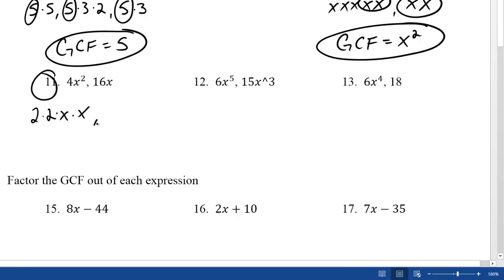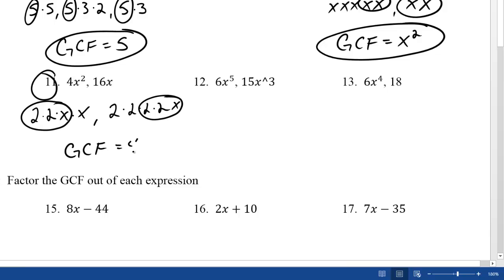Now 16x breaks up to 2 and 8. 8 breaks up to 2 and 4, and 4 breaks up to 2 times 2. And there's 1x. Now what's in common? We have 2 2's and an x in common. So 2 times 2 is 4, 4 times x is 4x. So your GCF equals 4x.